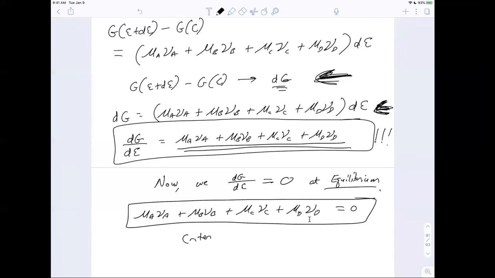Okay. And it turns out that the spirit of the analysis that leads us to this is the same as the analysis we did when we were looking at the chemical potentials in a system and a subsystem, and we found that all of the chemical potentials have to be equal at equilibrium.